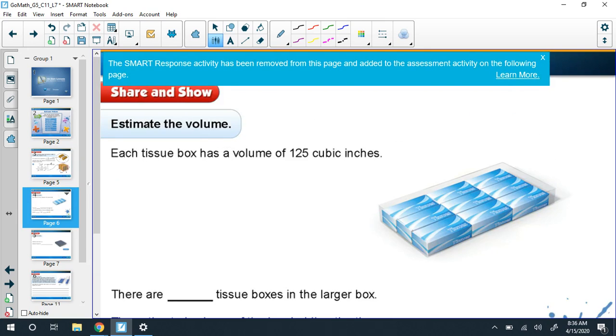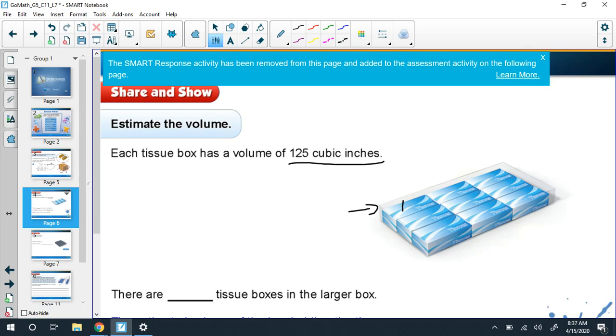Our next one here says that each tissue box has a volume of 125 cubic inches. So here they give us the volume of each of the tissue boxes. And then we need to look at our larger box and say, well, how many tissue boxes does it hold?